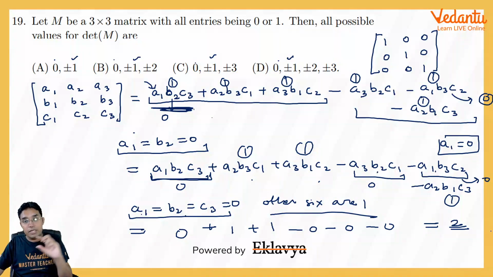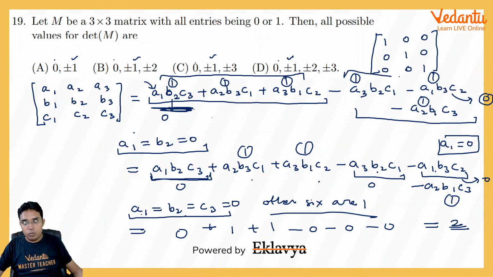Now the question is whether 3 is also possible or not. If you want 3, that means I want these ones to be intact, but I want these 3 to be 0, 0, 0. Then only I can have 3. But for that, you have to make at least one element of these 3 terms 0, so that they become 0.